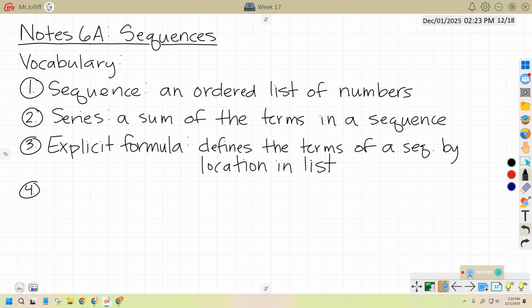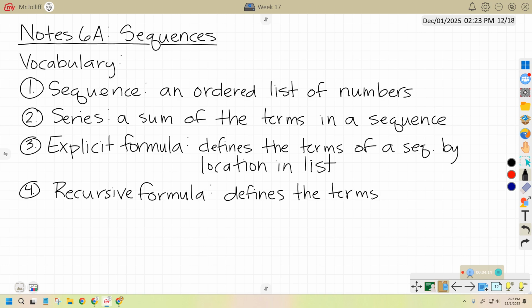Recursive, on the other hand, requires us to know what happened in the spot before we are now. So a recursive formula defines the terms of a sequence based on the previous term.